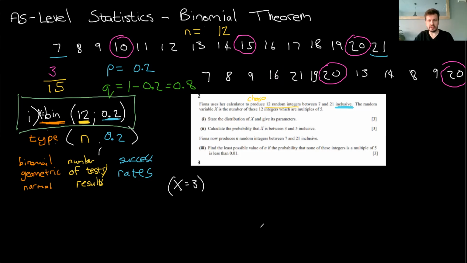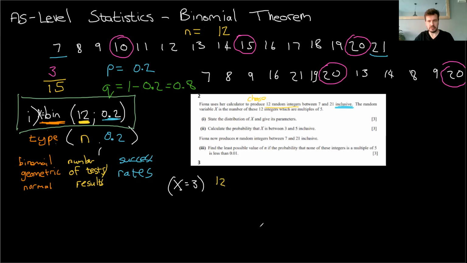Okay, so the way we work that out is using the binomial theorem, where we say, well, how many are we choosing? Well, first of all, how many tests are there? So how many times are we running this test? And we're running it 12 times. Okay, so n is 12, right?